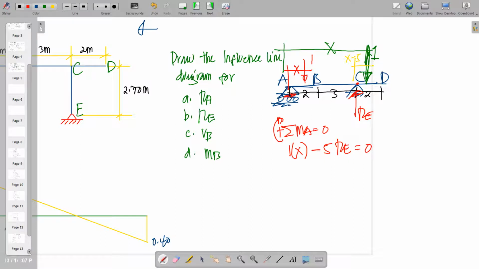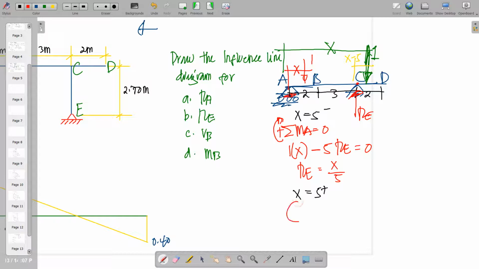So therefore, RE is equal to x over 5. So this is an equation for x less than 5, and another equation for x greater than 5.